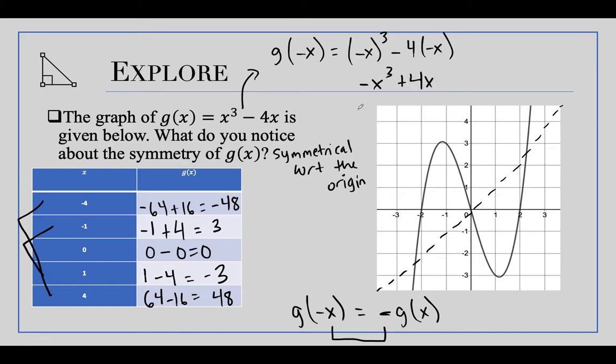So that means if I take out that negative, I get x cubed minus 4x, which is my original equation. So I see that my proof is kind of validated there. So yeah, I could plug in x values, but I preferably like to plug in my -x and see if I get my negative output.